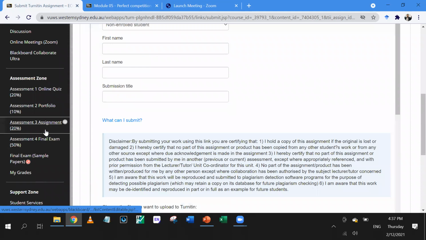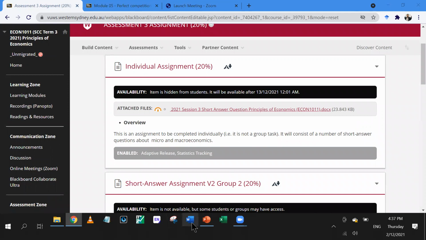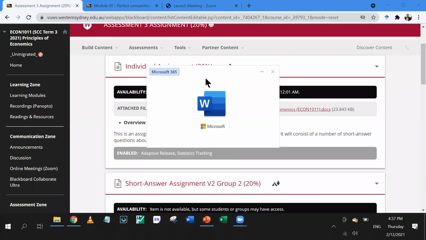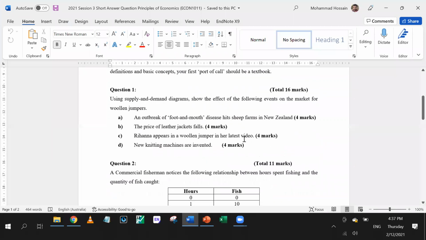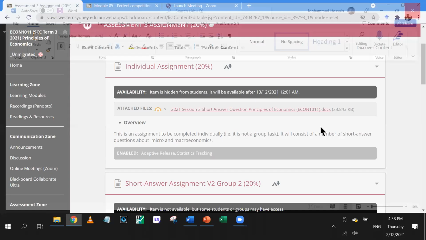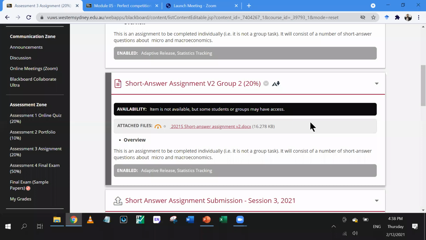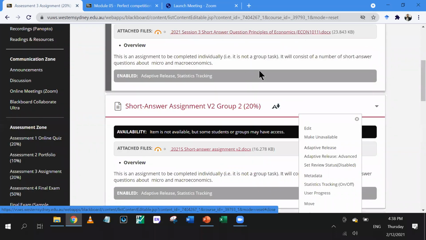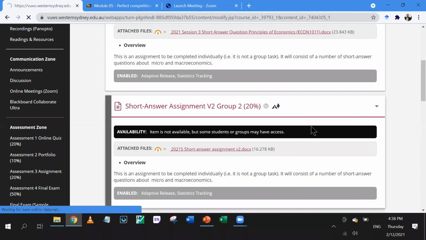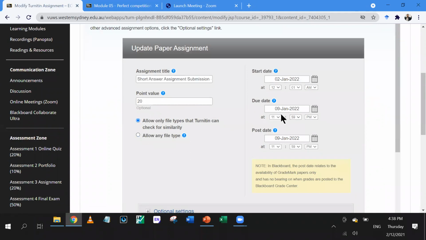When is your due date? Due date is this day. So due date is 9th of January.